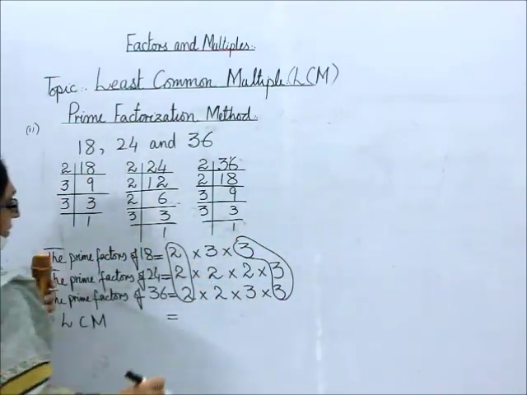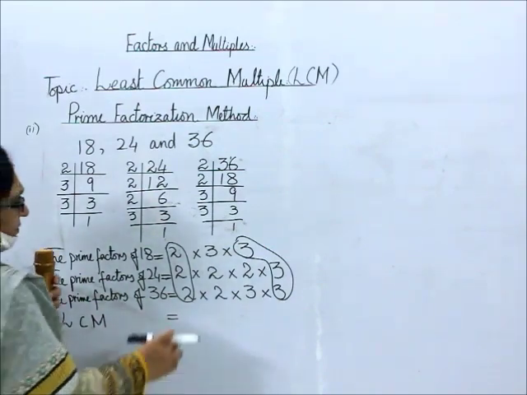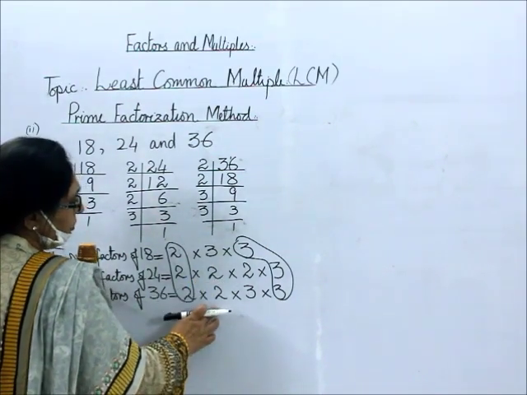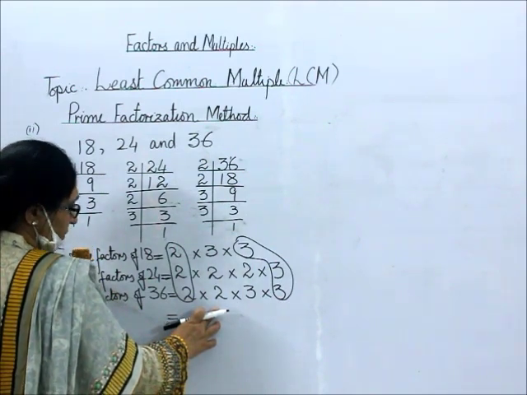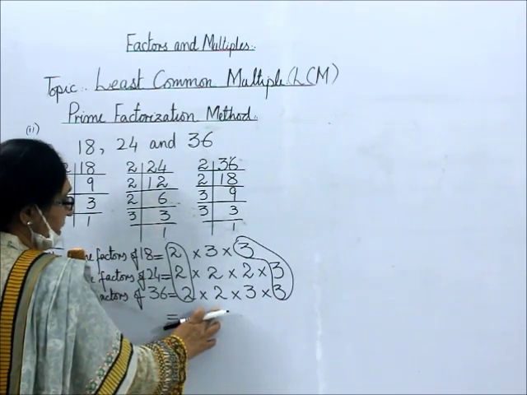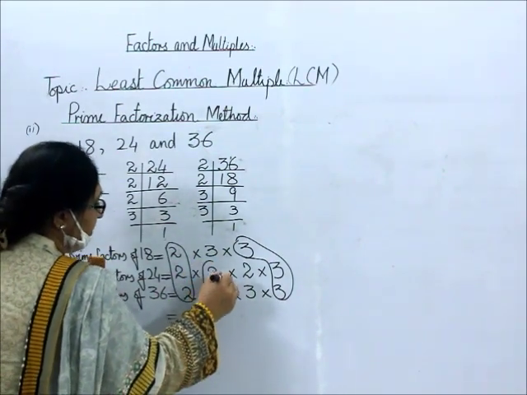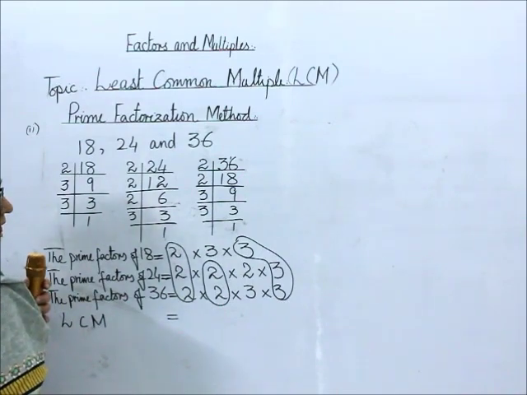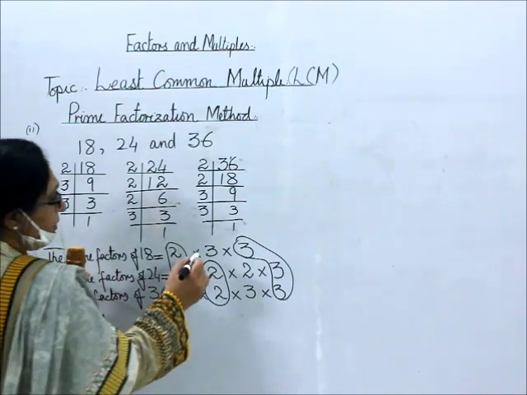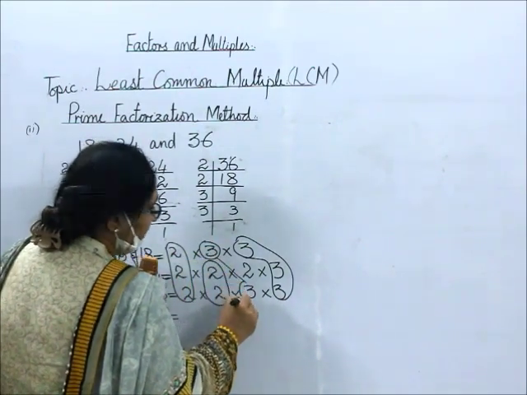But students, here we have some difference, because in the case of LCM we take common factors even when they are present in just two sets of factors. So I'm going to loop these two as well. These are also common in the case of LCM, but not in the case of HCF. So this 3 is also common in the case of LCM.